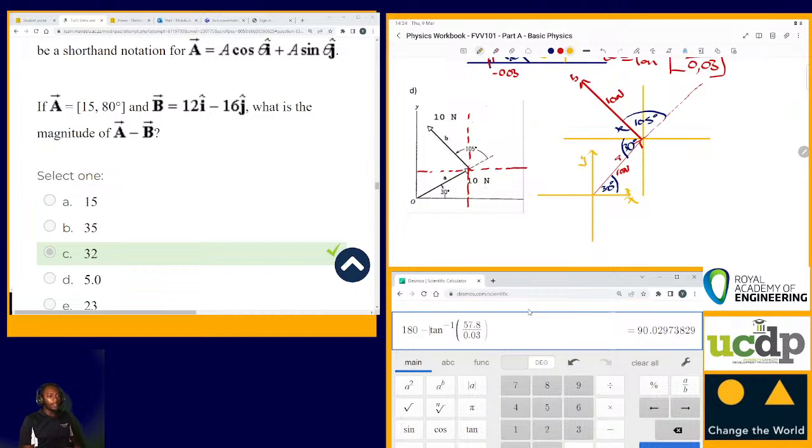Someone to type in the chat box. Those on Teams, you can unmute and share with us what the angle x is, because we need that angle so that we can resolve in the horizontal and in the vertical as well.